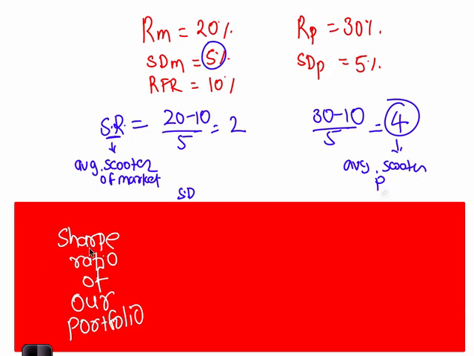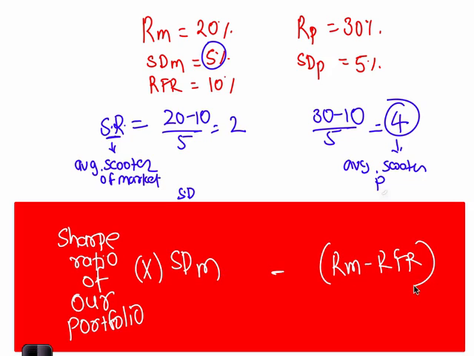Just remember the way I'm writing it. Sharpe ratio of R portfolio multiplied with standard deviation of market minus RM minus RFR. So Sharpe ratio of R portfolio is how much? 4. Standard deviation of market is how much? 5. Minus RM minus RFR is how much? 10. That will get us M squared ratio of 10%.